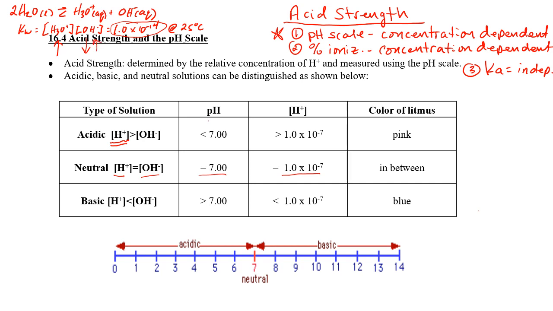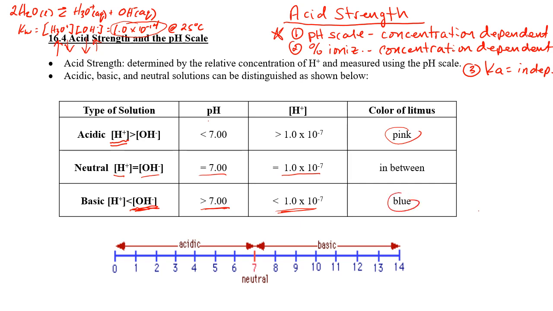If the hydroxide goes up, then the hydronium has to go down to maintain that constant value. So when we go to a basic solution, one that has more hydroxide than hydronium, with a pH greater than 7, the H+ has to be less than 1 times 10 to the negative 7th, because if the hydroxide goes up, hydronium goes down. Acids turn litmus pink, bases turn litmus blue.